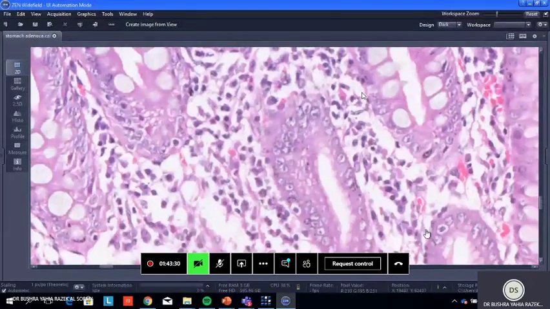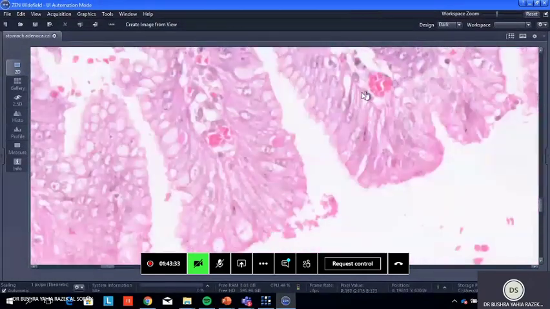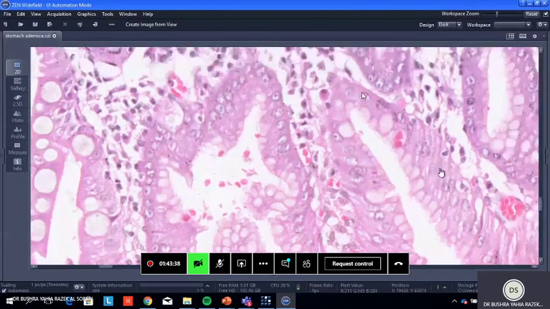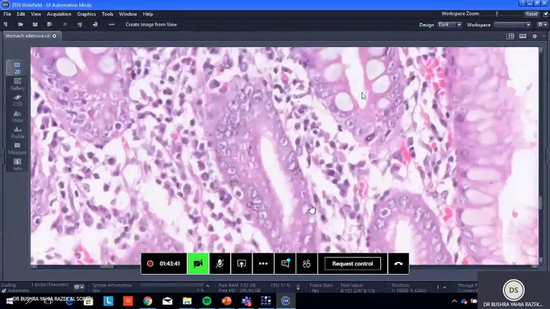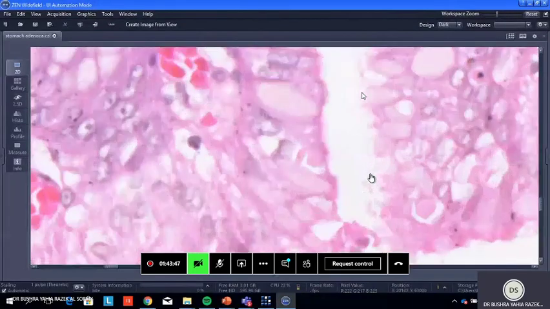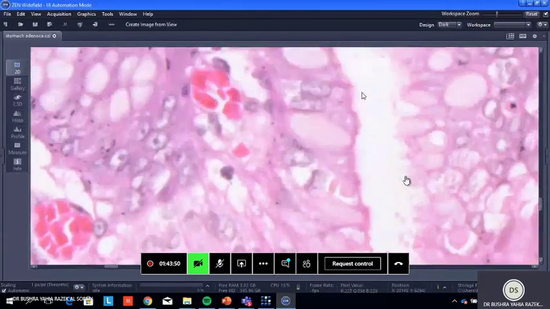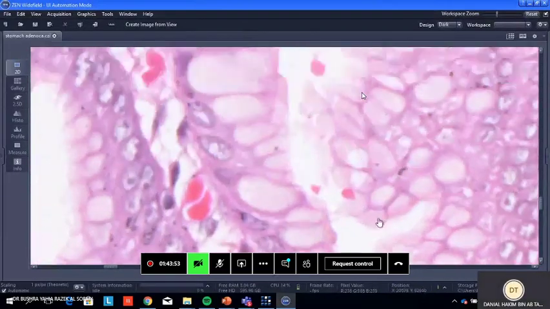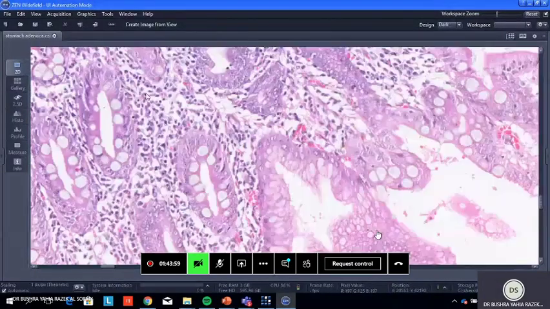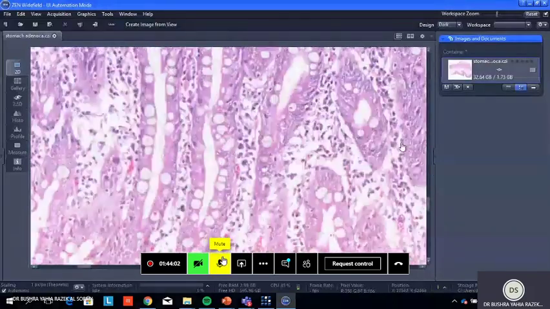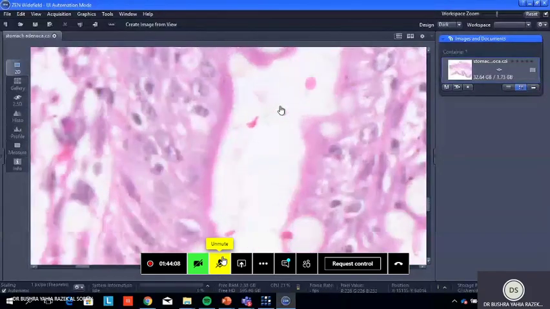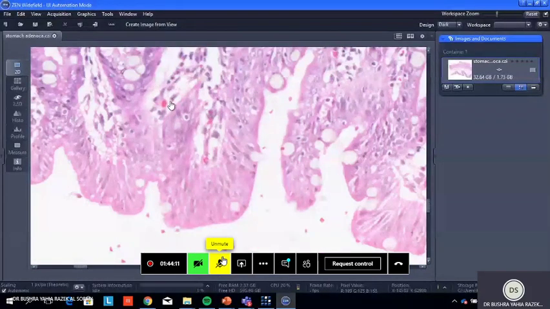Just look at the lumen. I think that one is clear. It's not so clear, but it's okay. I have to find the red blood cells inside the gland, the lumen.